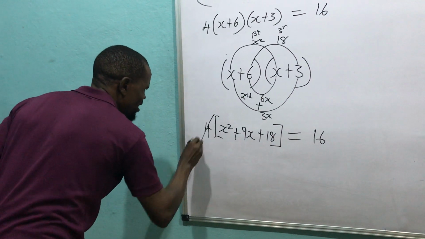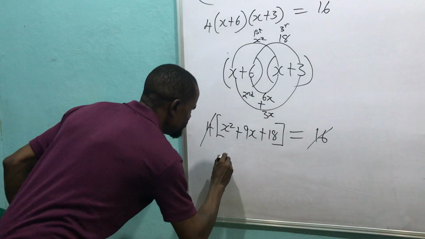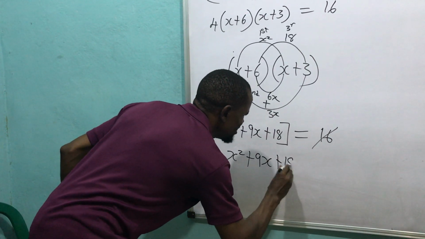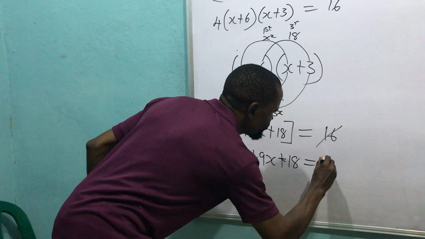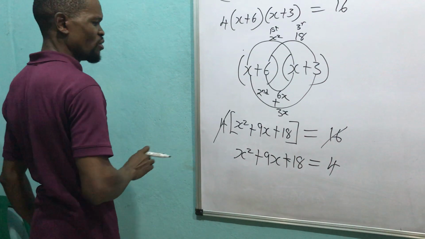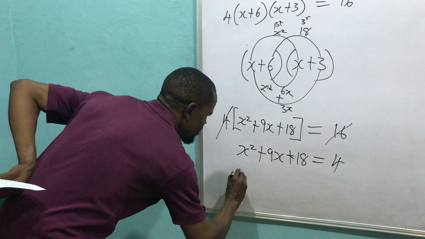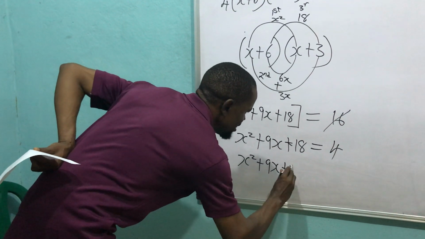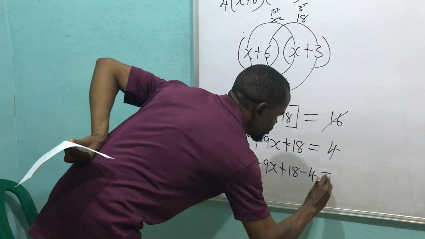I can say 4 divides itself, divides this, it will leave me with x squared plus 9x plus 18, and on the right, 4 divides itself, 4 divides this, it will give me 4. Then bringing this in, I will have x squared plus 9x, 18 minus 4 equals 0.